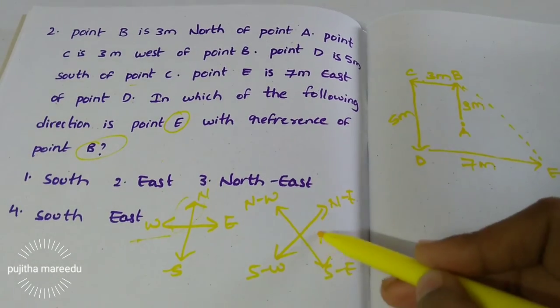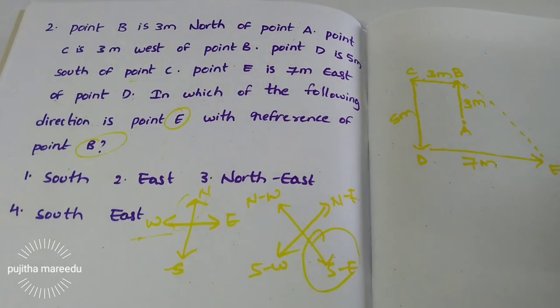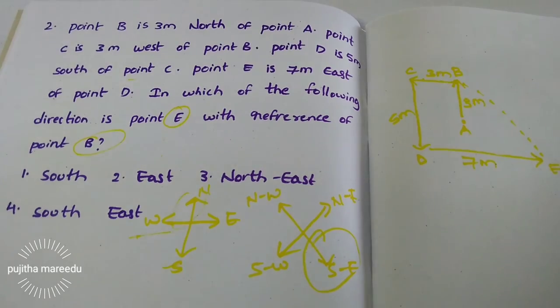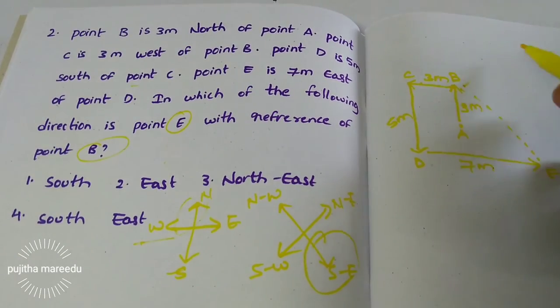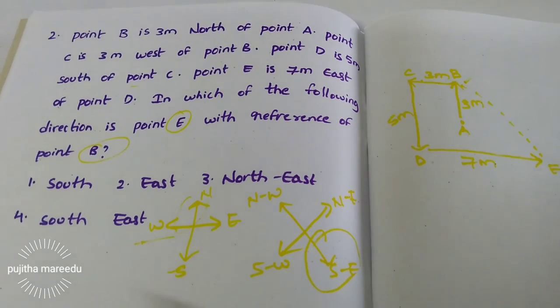So this direction is southeast. Clearly, point E is in southeast direction with the reference of point B. So the answer is southeast.